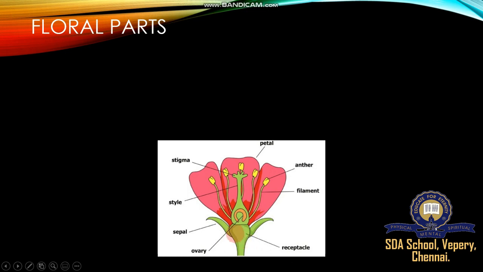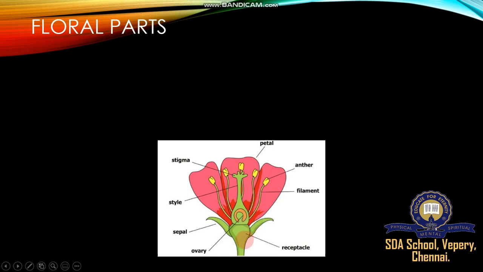Then the flower consists of floral whorls. The first whorl is called the calyx, made up of sepals. The second whorl is called the corolla, made up of petals. The third whorl, this yellow part, is called the androecium, made up of stamens. The innermost whorl is called the gynoecium, the female reproductive part, consisting of the ovary and ovule.